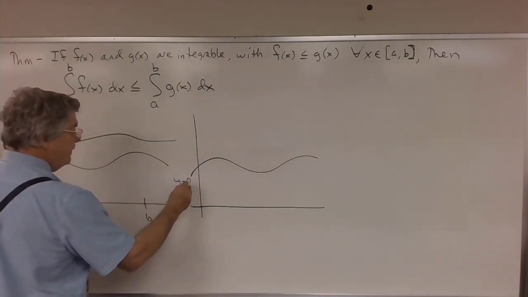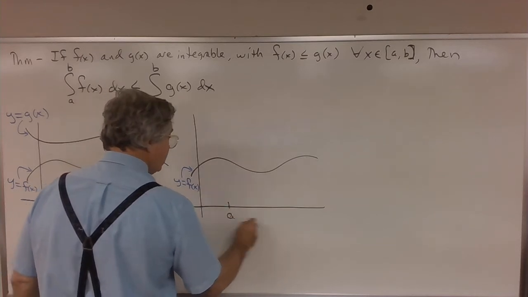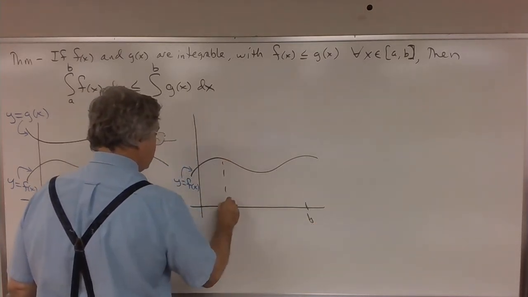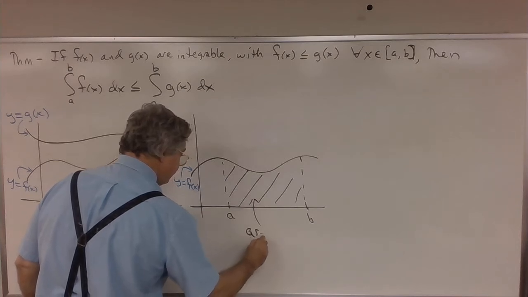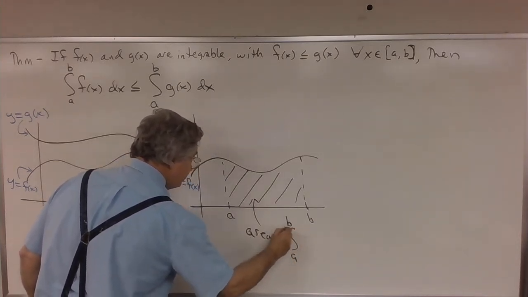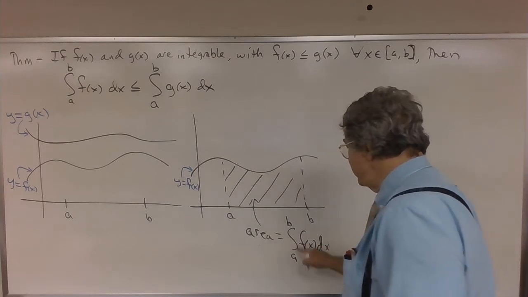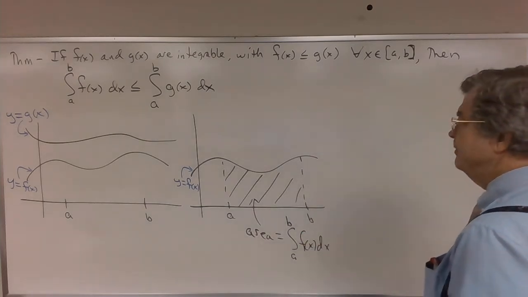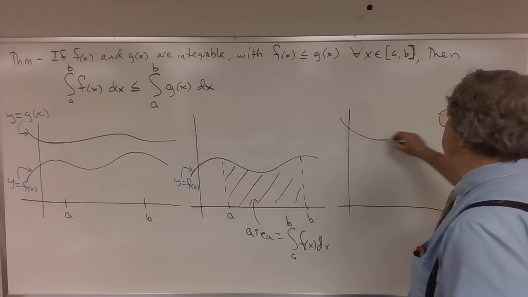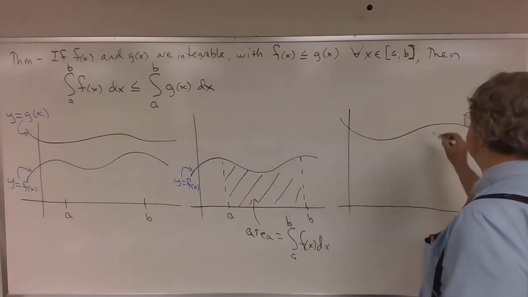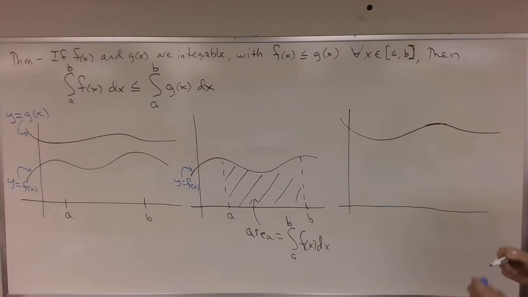Here's y equals f of x. And here's A, here's B. And the bounded area is the integral from a to b of f of x dx. Now let's do the same thing for g of x.